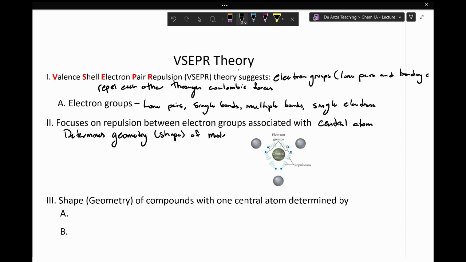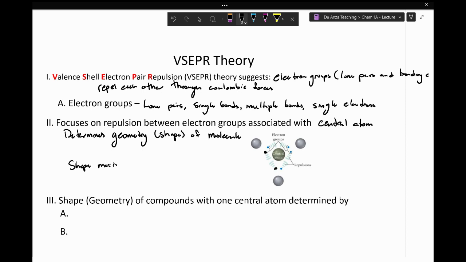I give you a little photo below that shows our central atom, and this electron right here is pushing against this electron right here. They push away from each other, and through this repulsion, you establish the optimal distance of separation that makes everything happy.